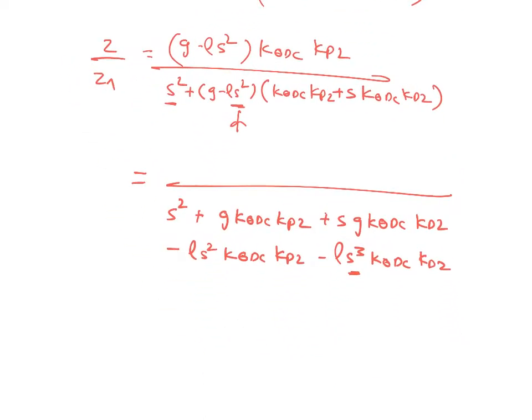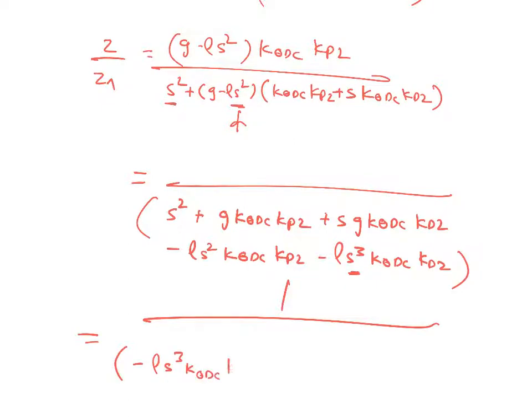This whole thing is the denominator. So now the biggest coefficient is S cube. So you can now segregate it. We can have that denominator equal to minus L S cube K theta DC KDZ, and now S square terms are this. So S square term will be 1 minus L S squared K theta DC KPZ.